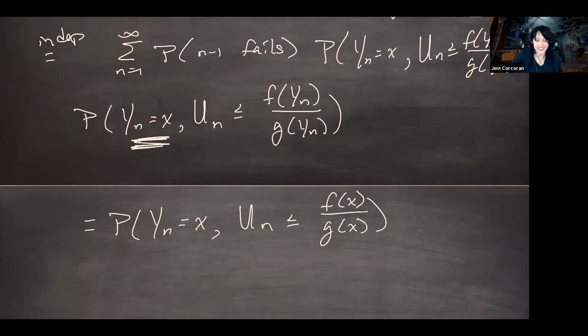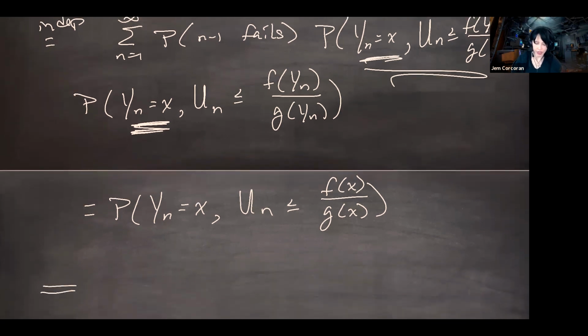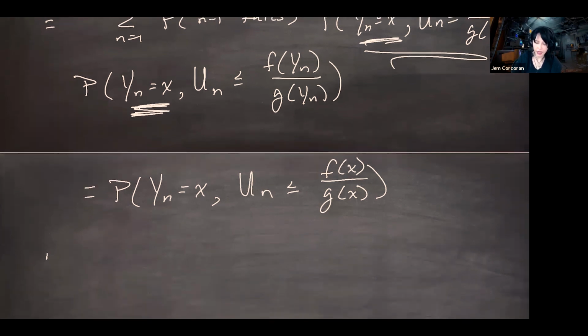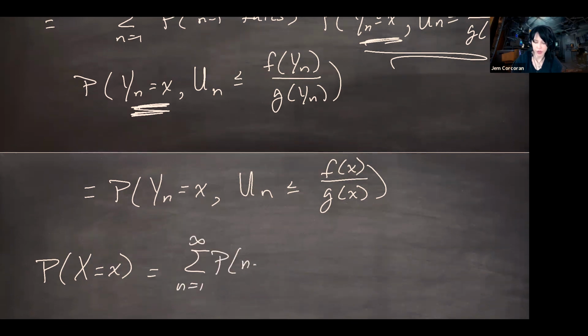I almost did it too, though, because I wanted to condition on what y is, but I already know what y is. And for anyone else, I realize you got it. We just clean this up by saying that doesn't do anything. So at this point, putting everything together, we have the probability that X equals x is the sum as n goes from 1 to infinity of the probability of n minus 1 failures.